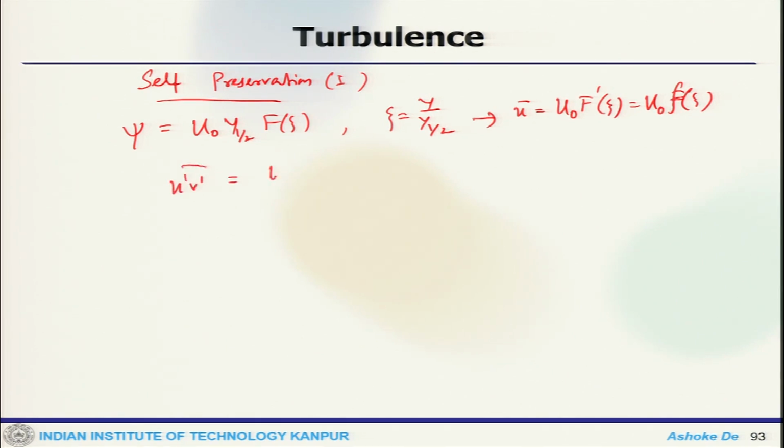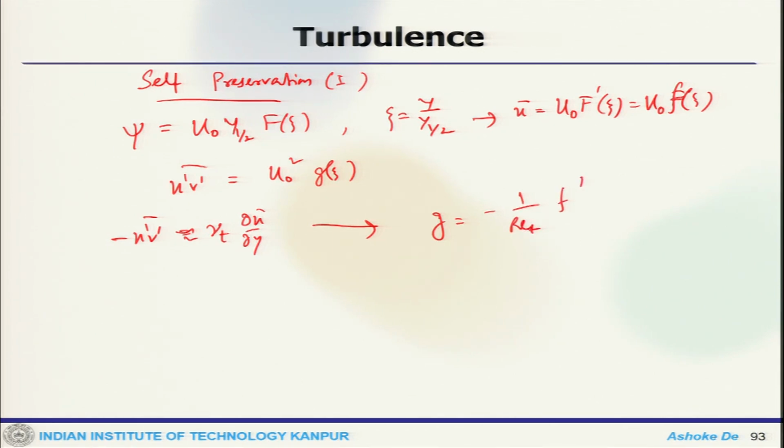Now, the similarity solution for turbulent stress, which is again from experimental observation, will give u bar v bar prime as u naught square g of xi. If we establish the relation between f and g using the Boussinesq hypothesis, that gives us g is 1 by R_ET f prime, where R_ET is u naught y half by nu t.